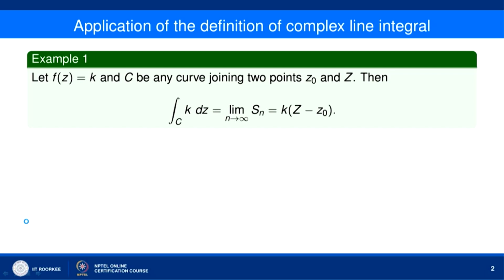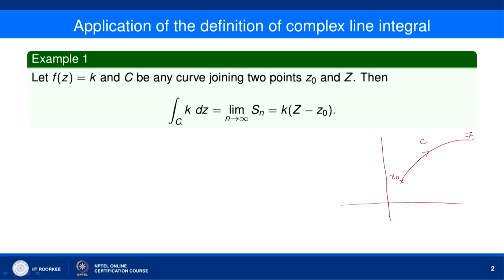We will need two results which we have given in the following two examples. First is that if f(z) is equal to a constant k and C is any rectifiable curve joining two points z naught and z in the complex plane, which are the end points of a curve C, and this is the direction of increasing values of t.